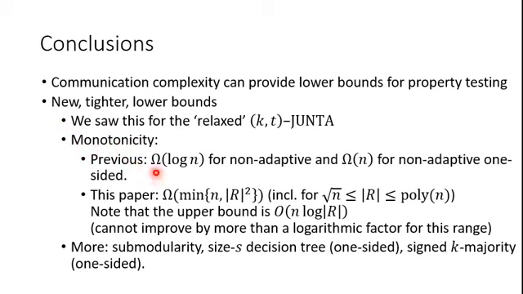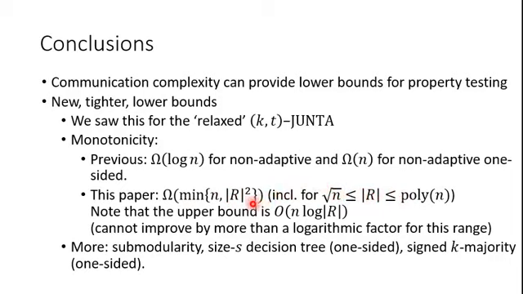Previously, monotonicity testing had omega log n for non-adaptive and omega n for non-adaptive one-sided. And here we got this lower bound, which was valid for this range, and this size of range was included in the proof.